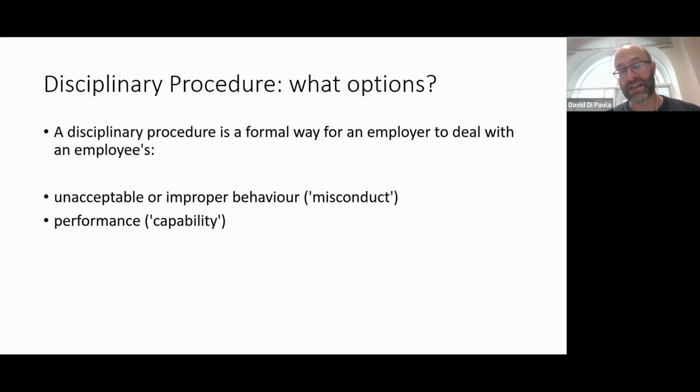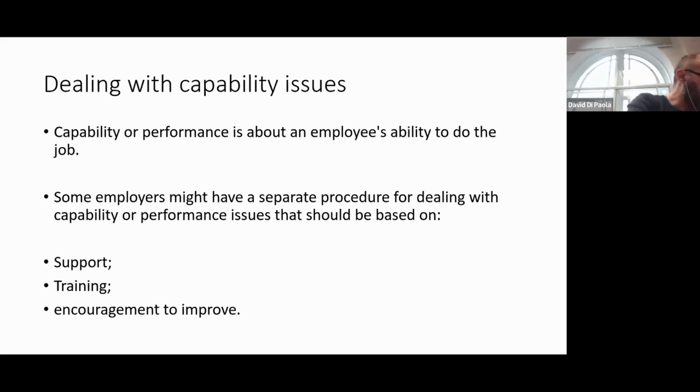So you can take action against them in that form as well, by way of capability. So we're going to look first and foremost at capability issues. The capability route is where concerns are raised about an employee's ability to do their job.